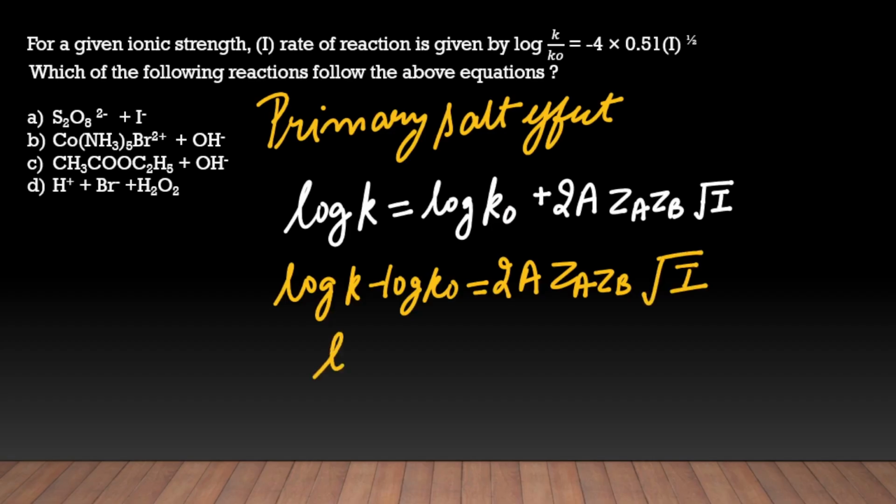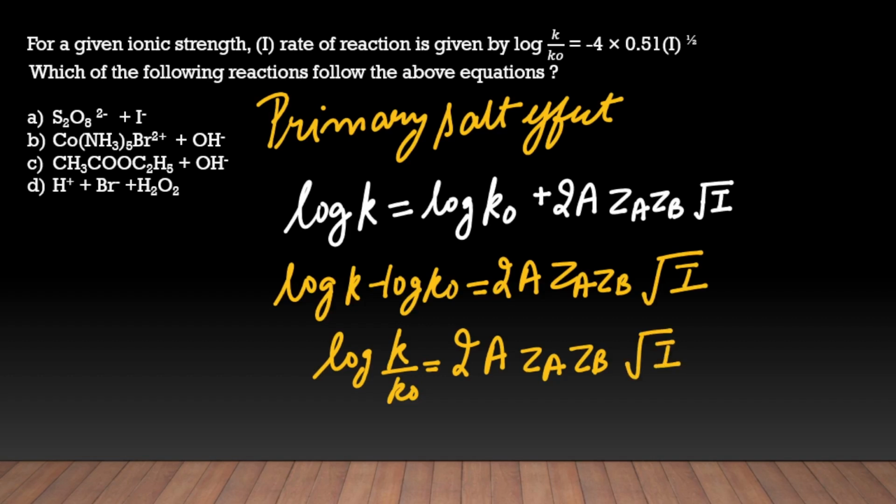Log of m minus log of n, we can write as log of m by n, which will be equal to 2a times ZA into ZB into the root of I. This value is given to us as minus 0.4 into 0.5, 1 into I raised to the power of half.